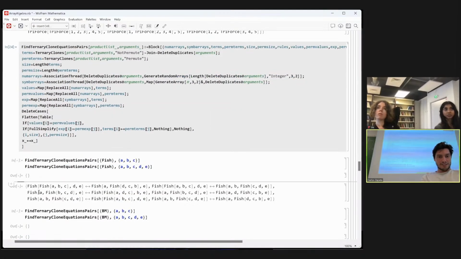We find that fish of fish A, B, C, D, E is equal, I'm not using the equals sign because that's reserved in Mathematica, to fish A, then D and B swapped in here, and E. And then we find all the other equalities, the 6 other equalities. These 6 equalities are the formula that we had before for semi-heaps. So that's good. It means that the thing finds what we know exists.